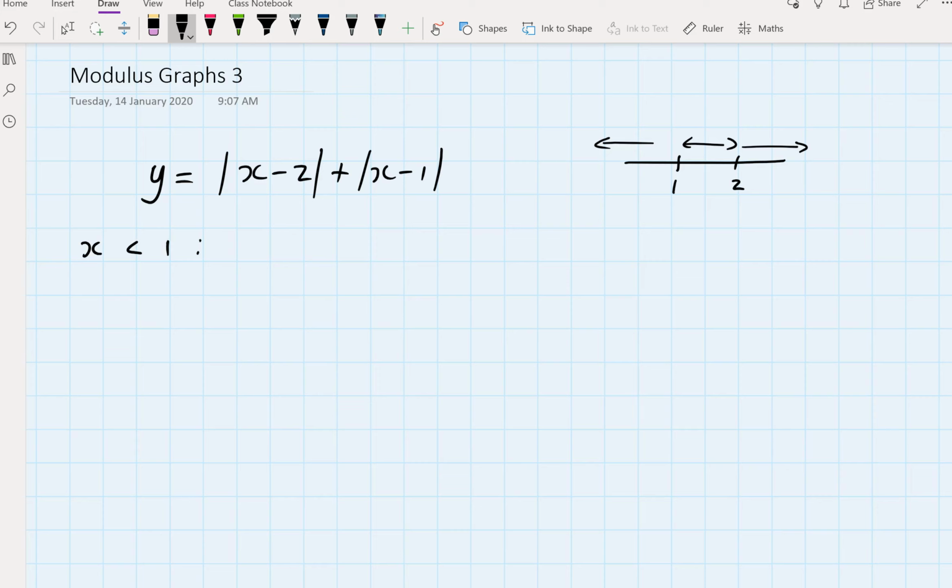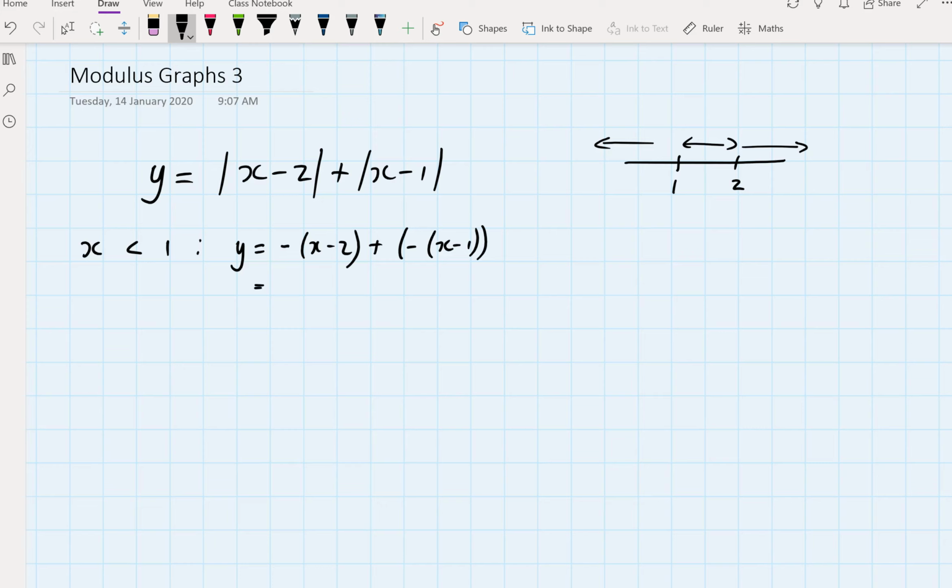So what's going to happen with this modulus function? Well, if I put in a value less than 1, let's make it 0. If I put 0 into that first bracket, my result is negative, so I'm going to have to multiply by a minus. And what happens if I put 0 into that bracket over there? It's also going to make it negative, so I'm going to have to multiply this bracket by minus.